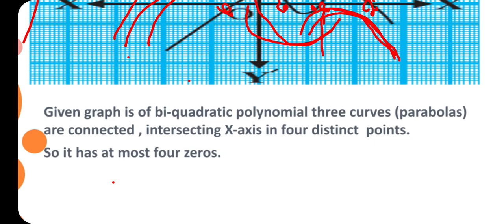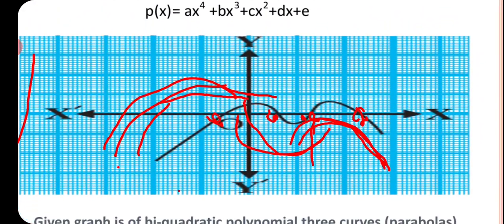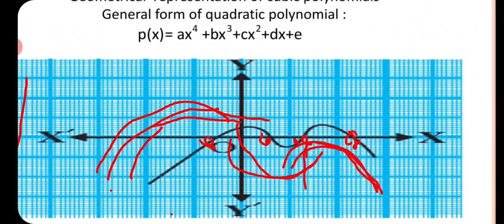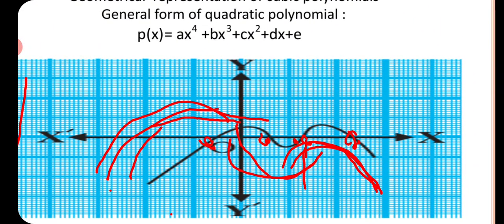You can find such three interconnected parabolas which intersect in only 3 or 2 or 1 or 0 points on the x-axis also. But at most 4 points of intersection you can find. So that is the graph of a biquadratic polynomial.